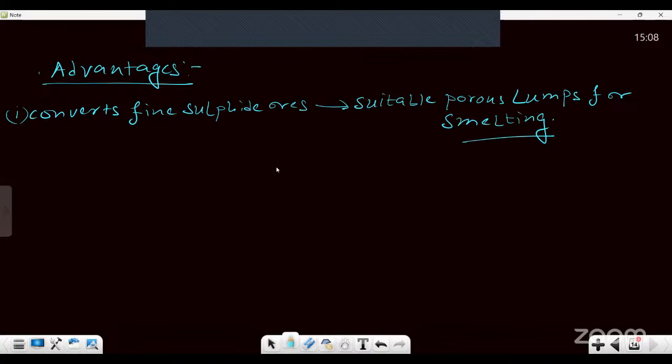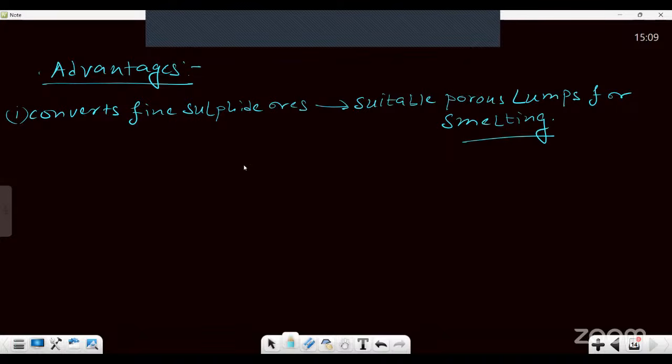This is one. And it utilizes the exothermic heat, which is energy efficient also. SO2 we are getting can be used for acid production. So these are all the advantages of sinter roasting.